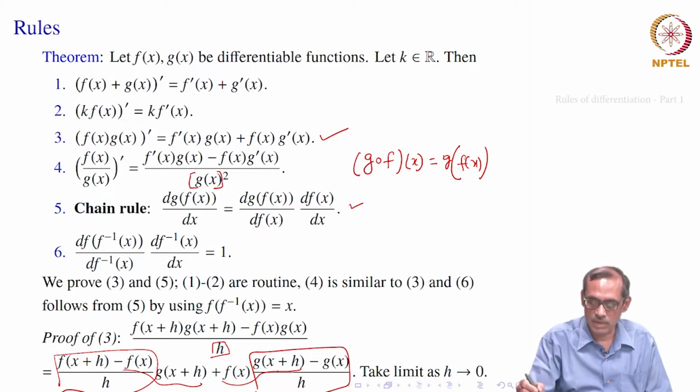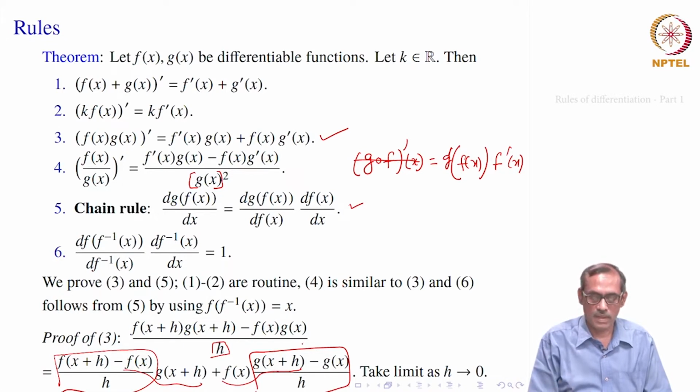So, that means it will be equal to g prime of f x. f x is a particular number now, for x a number, f of x is a number. So, at that point f x is the derivative of g. So, g derivative with respect to f, that is what the symbol would say, it is g prime of f x into f prime x or df x by dx. So, this multiplied by f prime of x, that is the composition, g o f prime equal to g prime of f into f prime. So, that is called the chain rule. We will give a proof of this.